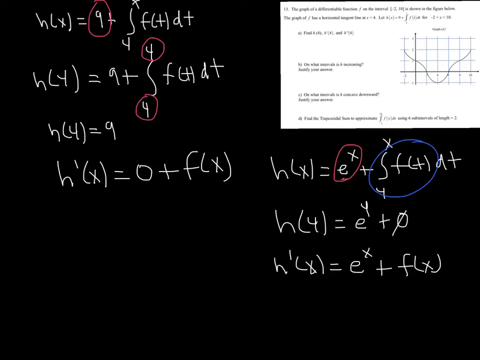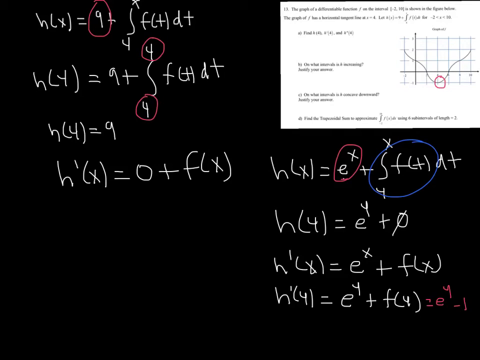And so to find various values of h prime, let's say you wanted h prime of 4, now you would have e to the 4th plus f of 4. And you'd say, okay, f of 4 looks like that would be -1 right there. And so the final answer would be e to the 4th minus 1. All right, so be careful and be aware of those types of problems.